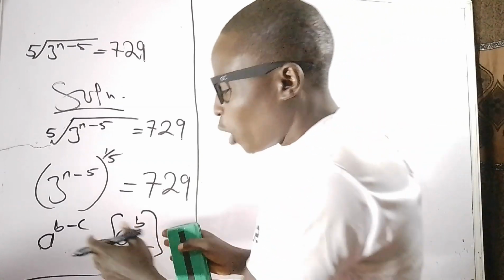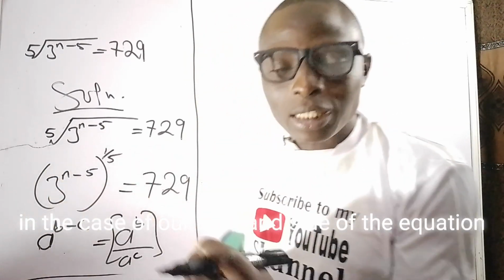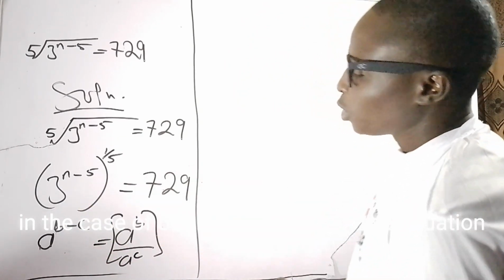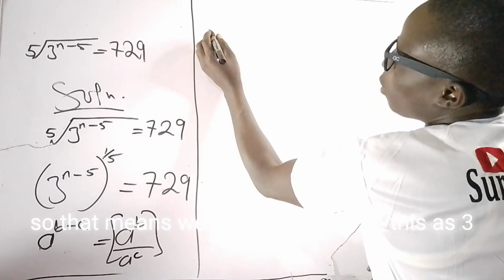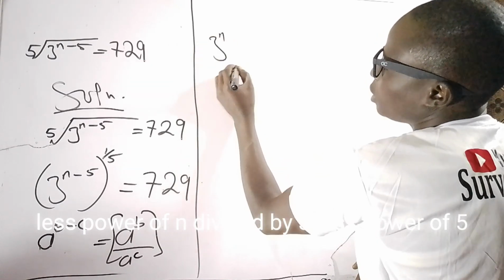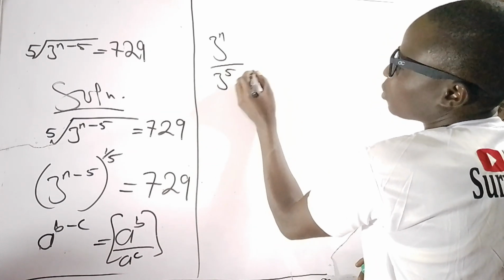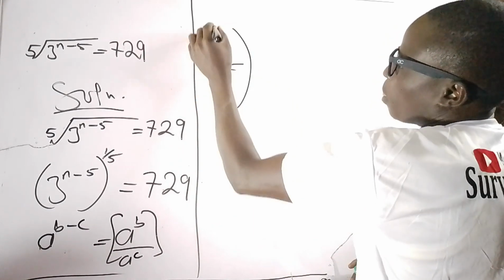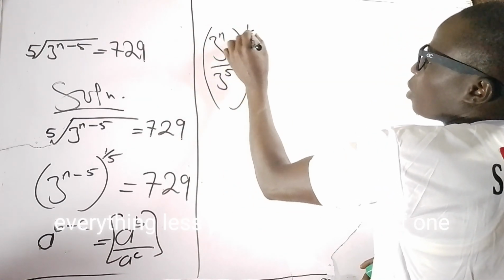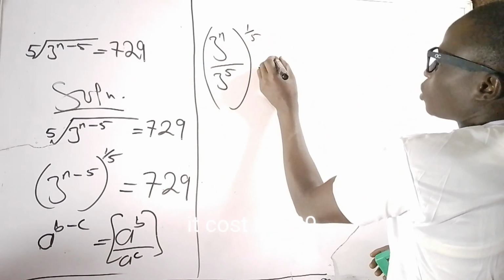So we are going to do the same thing on the left hand side of the equation. That means we write this as 3 raised to the power of n divided by 3 raised to the power of 5, all raised to the power of 1 over 5, equals 729.